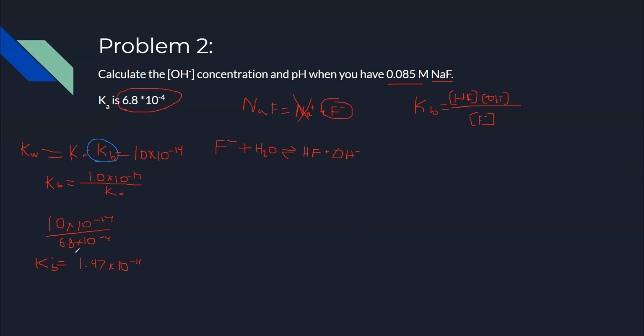So this is what we're trying to use now. As we have Kb equals HF, OH, and F minus, we have to construct a nice table in order to get the hydroxide concentration, and then we can use that to get pH.